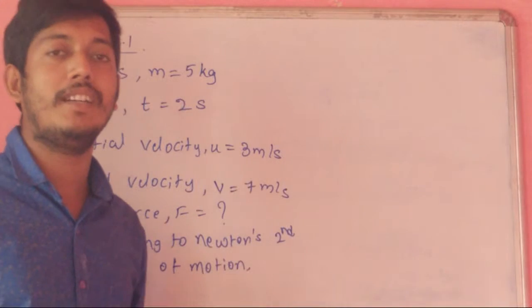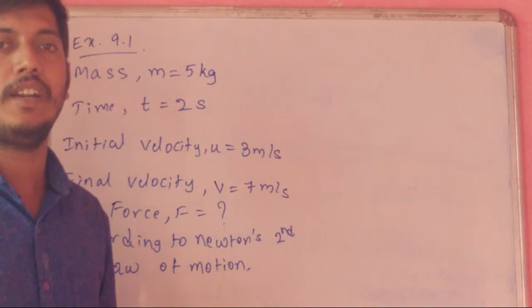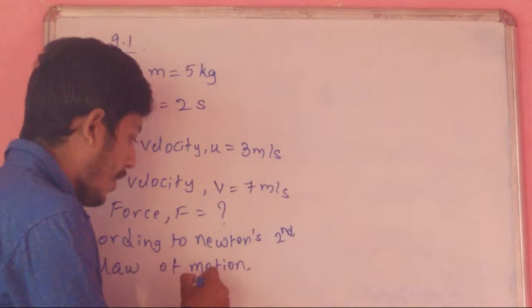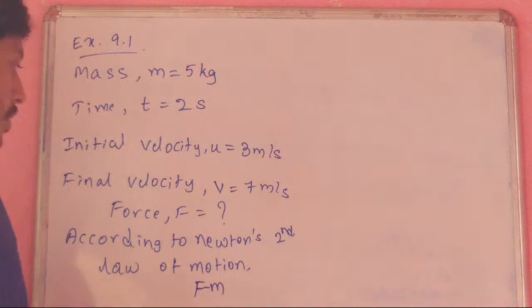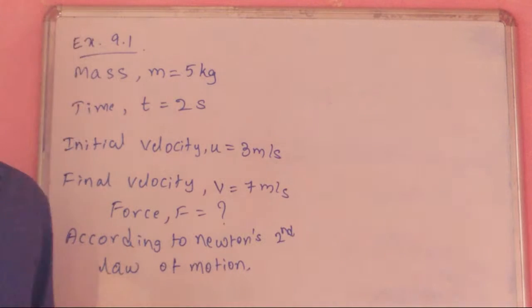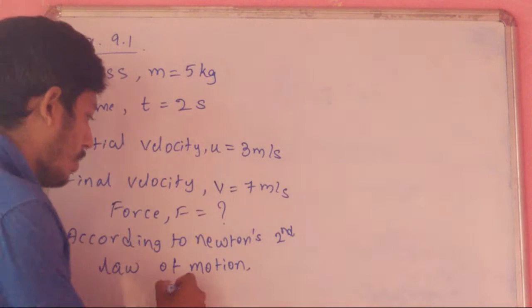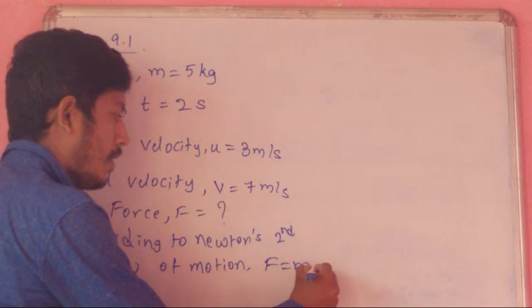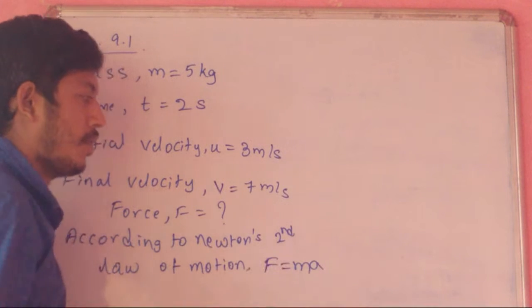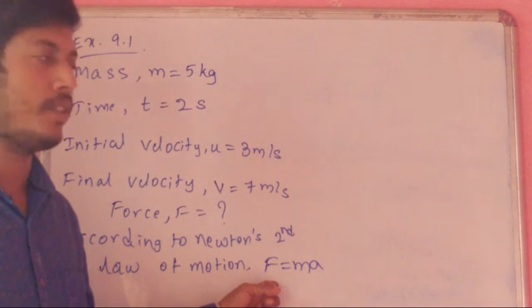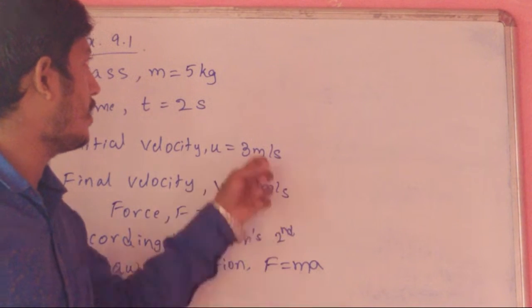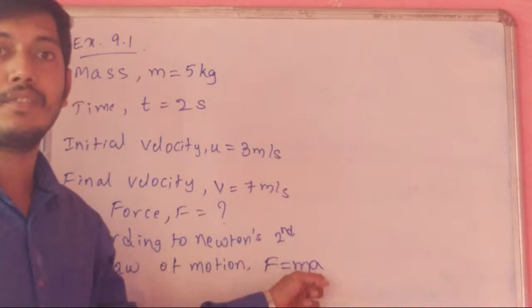So according to that, the mathematical expression of Newton's second law of motion becomes F equals to m into a. Okay, so F is the unknown quantity we have to find out, m is mass, so it is given as 5 kg, and a is acceleration.